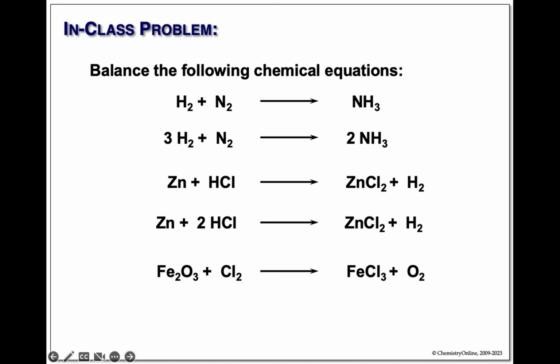All right, this next one's a little more complicated. Take a minute and see if you can get this. Step 1. We have 3 oxygens. We have 2. So we're going to double this guy. Now, when we do that, that gives us 4 irons. And we have 1 on this side.